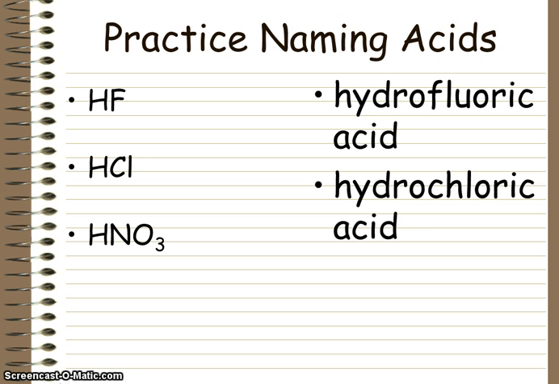HNO3. It's got hydrogen as its positive ion, so it's an acid. It contains oxygen, so we're going to be on the right side of our flowchart. NO3 is nitrate. ATE is replaced with ic, so our name would be nitric acid.